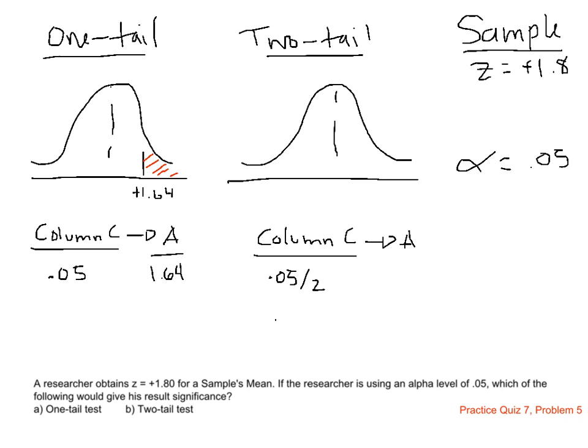So I now have 0.025 that I'm looking up, and when I look that up under column A, it should be 1.96, both positive and negative because it is two tails. So now I am over here at a negative 1.96, and I'm over here at positive 1.96. And I'm going to shade those critical regions.